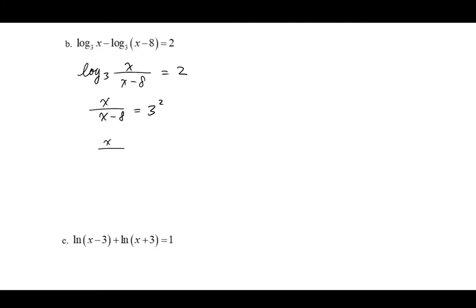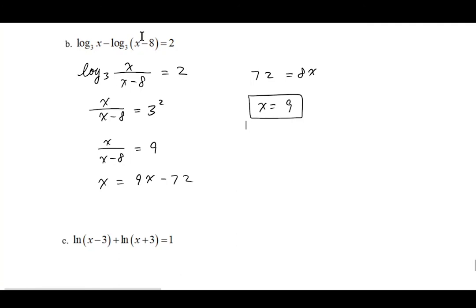Multiplying by x minus 8, x is equal to 9x minus 72. Subtracting x, we have 8x on the left, 72 here. So x is equal to 9. Let's not forget to check 9 in here. Oh, that barely makes it, and it's okay here, so we're good.